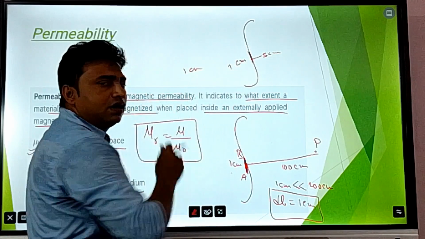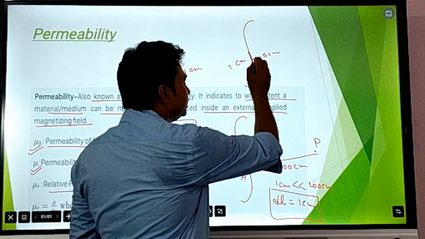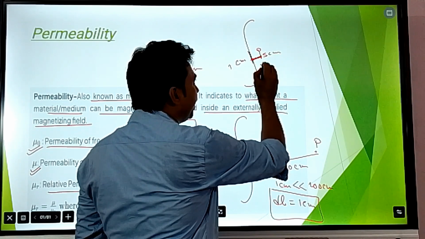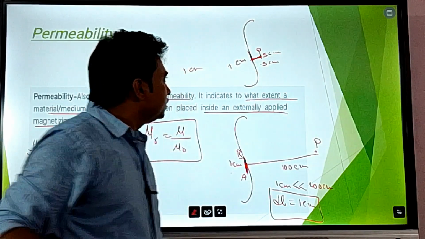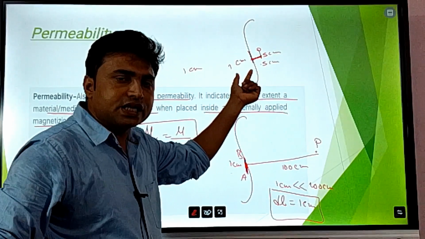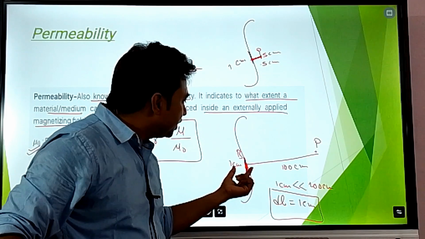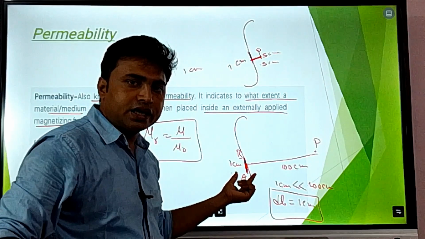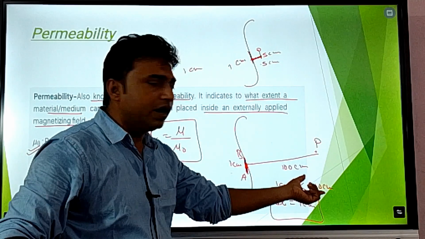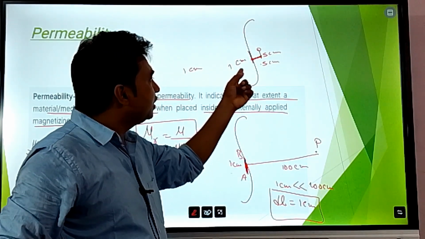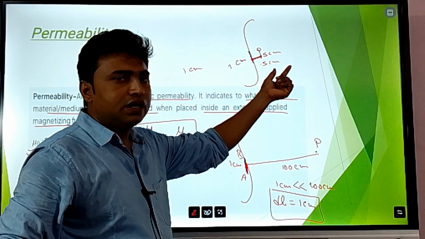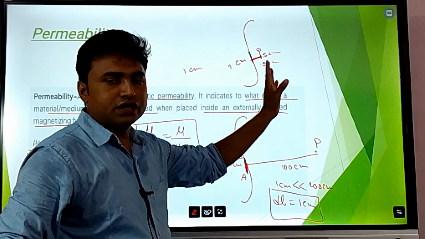Actually it is greater than the 0.5 distance of the point P. Here 1 centimeter is very small compared to 100 centimeters, but here it is bigger than 0.5 centimeter.